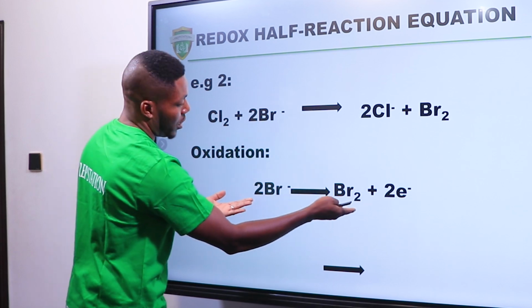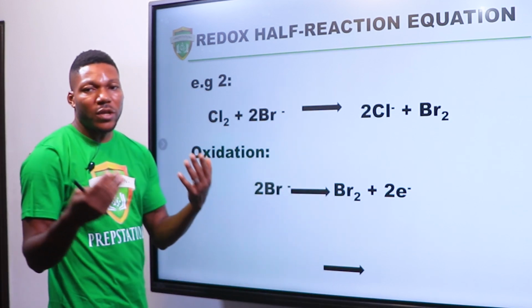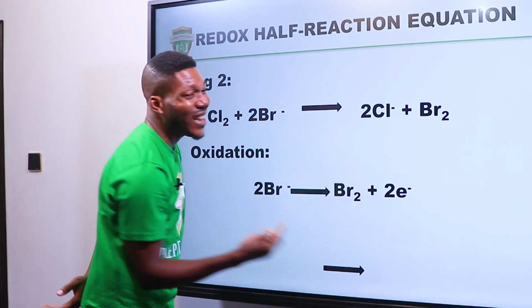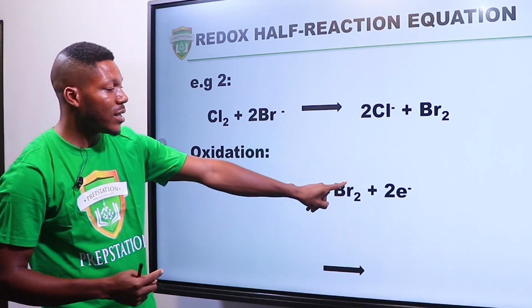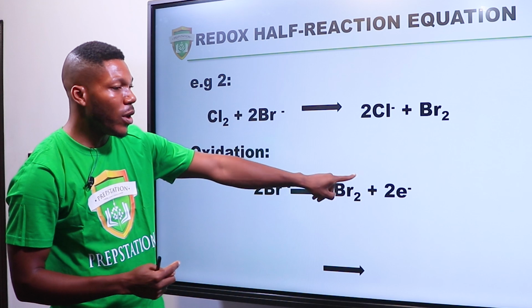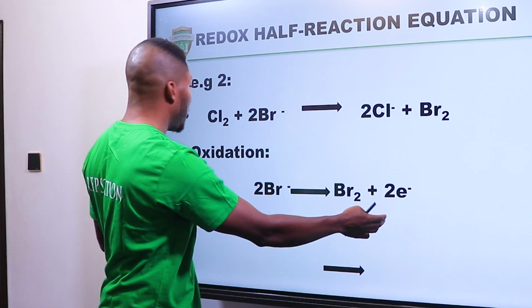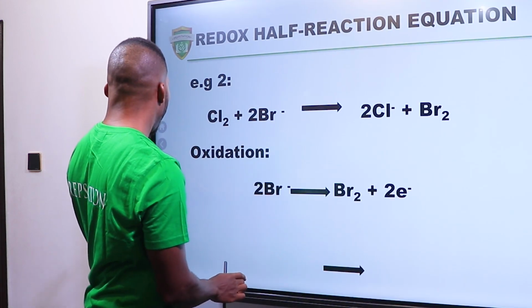So atoms here are 2 in the reactant, 2 in the product. For us to have the same number of charges, we add 2 electrons to the side that is lacking electrons. This side is ending with 2 electrons, whereas here is 0. So we must add 2 electrons to the side that is less, so that we can have a balanced charge for both sides of the reaction. That is why we have this.